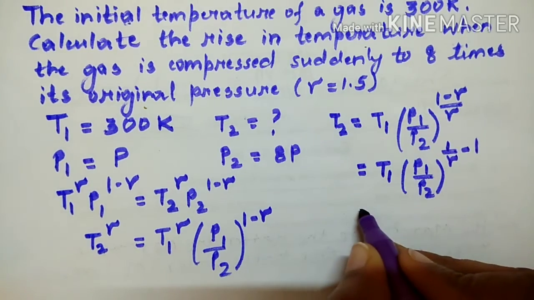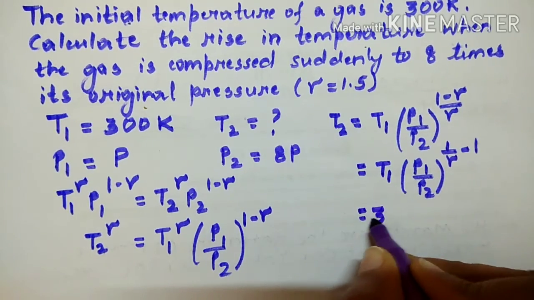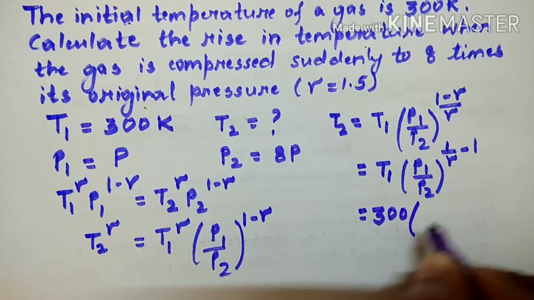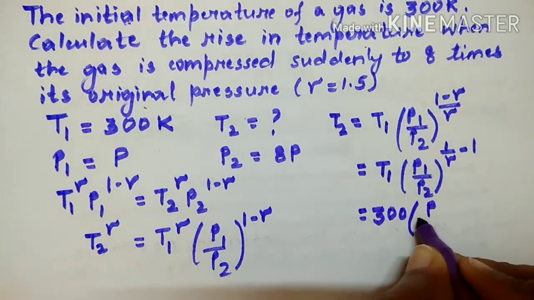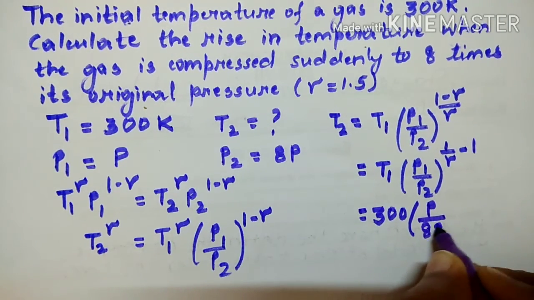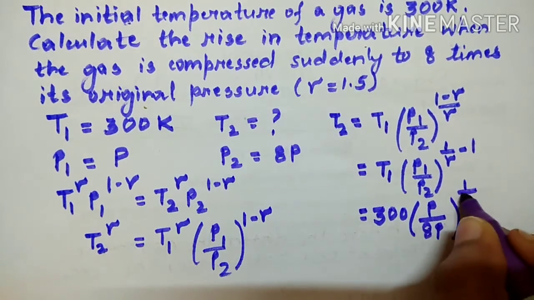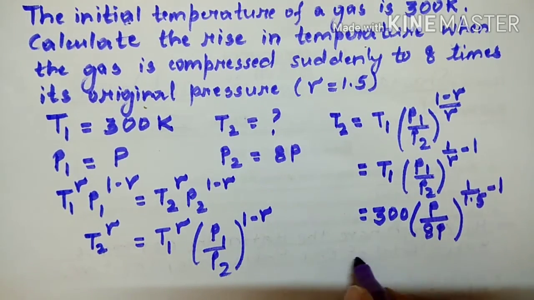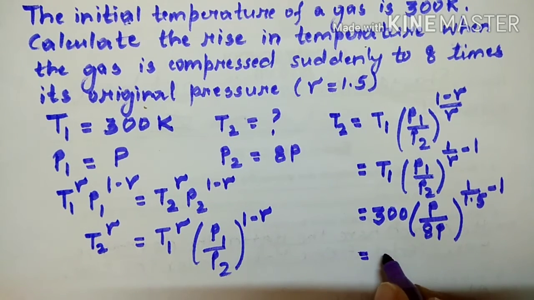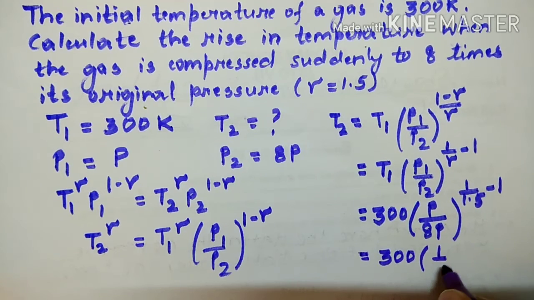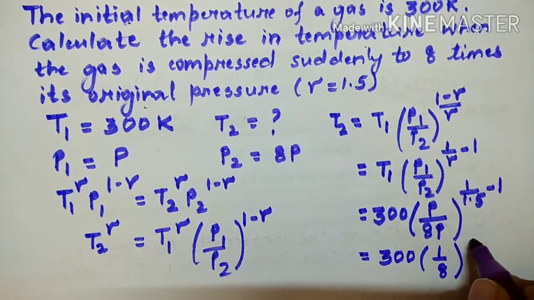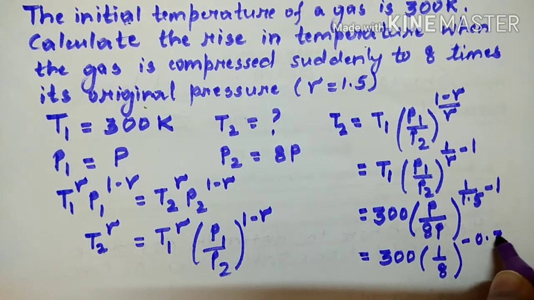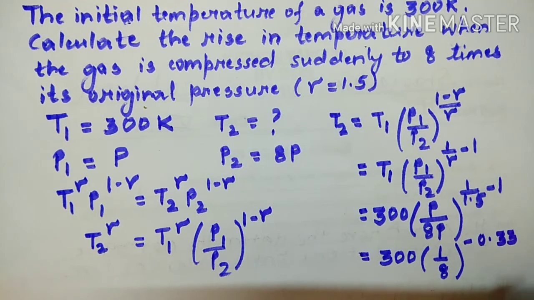Substituting all the values, you get T1 is 300 into P1 is P, P2 is 8P raised to 1 upon 1.5 minus 1. This comes as 300 into 1 by 8 raised to minus 0.33.